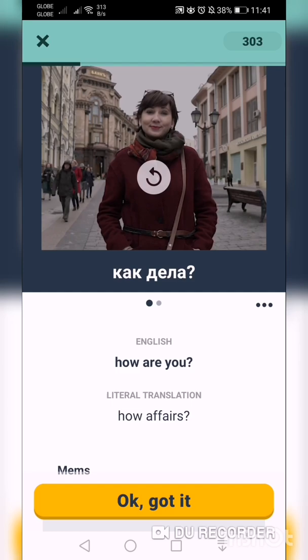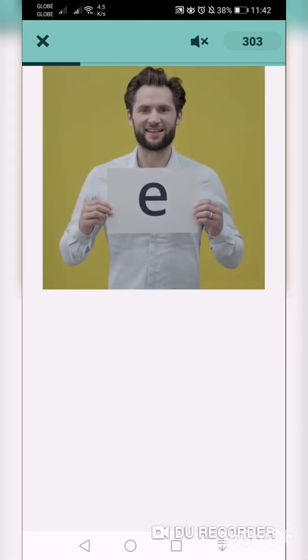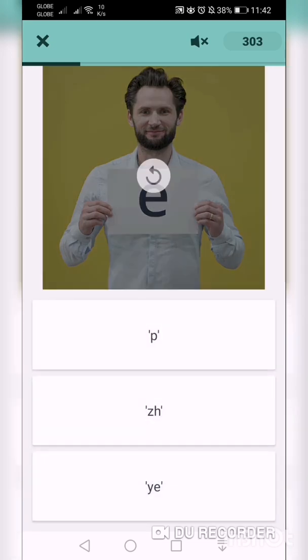Как дела. Let's try another pronunciation. Как дела? I'm trying, guys, I'm trying. Try to pronounce it. Как дела? How are you? All right.